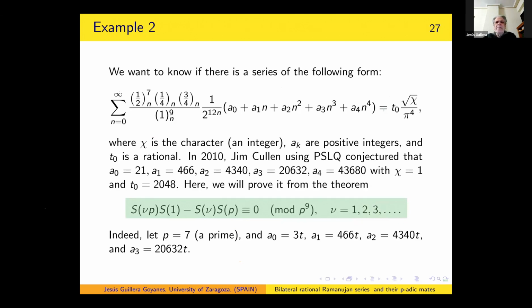And for doing it, we consider the prime 7 and a sub 0, 3t, a sub 1, 460t, and a sub 2, 4,340t, and a sub 3, 20,632t.